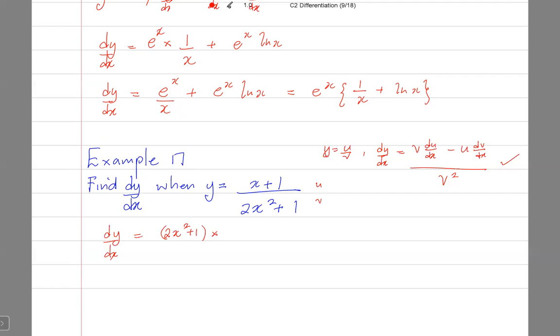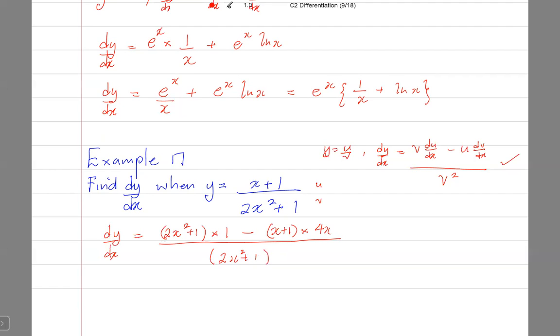When you differentiate x plus 1, you get 1, minus u, which is x plus 1, multiplied by the differential of v, which is 4x. And this is all over v squared, which is 2x squared plus 1.